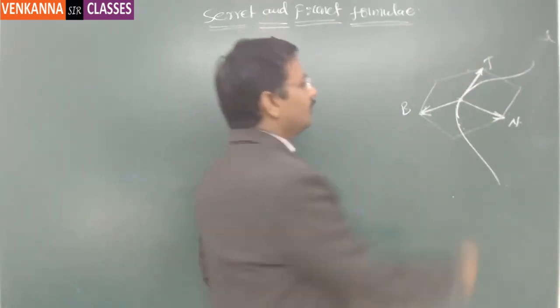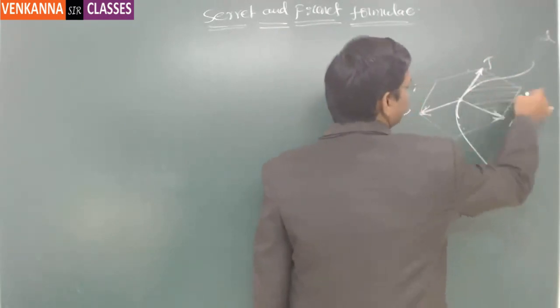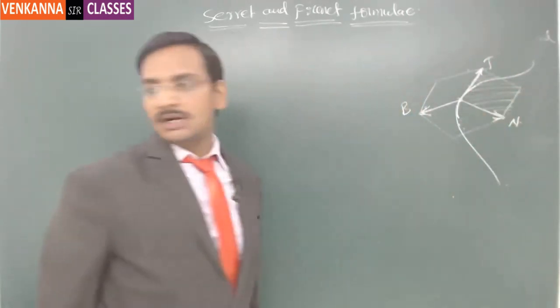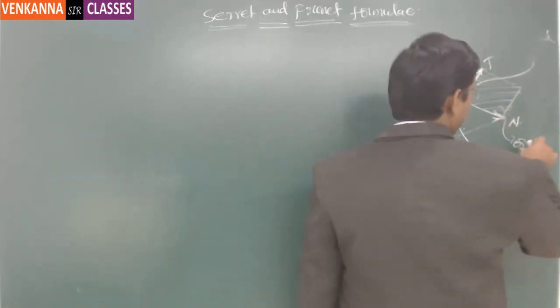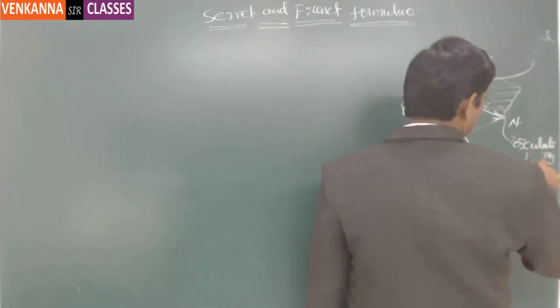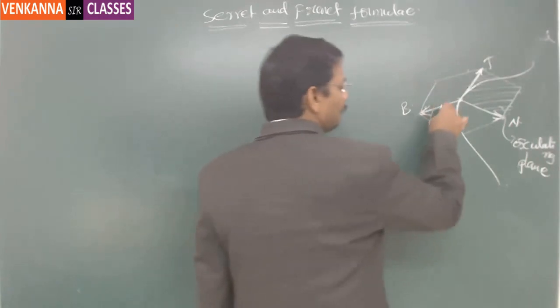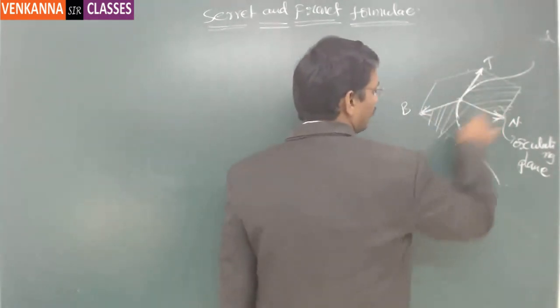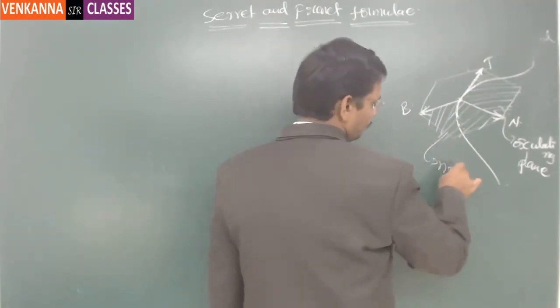So at this point, the plane that is containing both normal and tangent, right? Tangent and normal, we call this the osculating plane. The plane that contains both binormal and normal is called the normal plane.